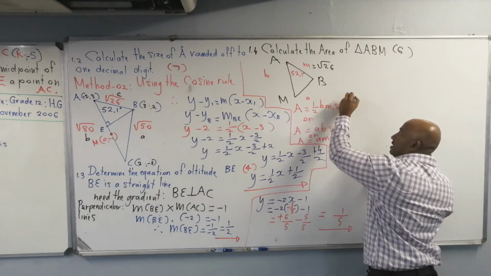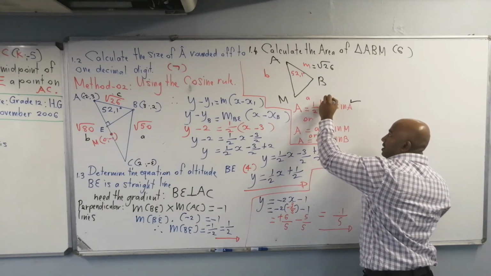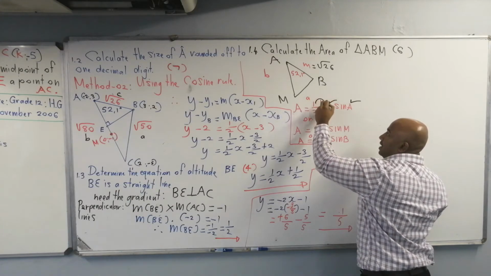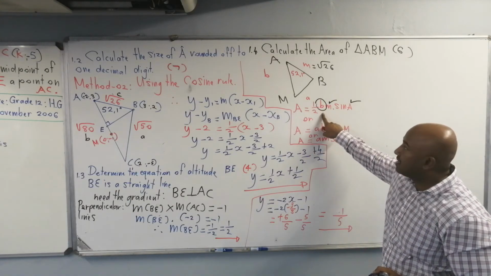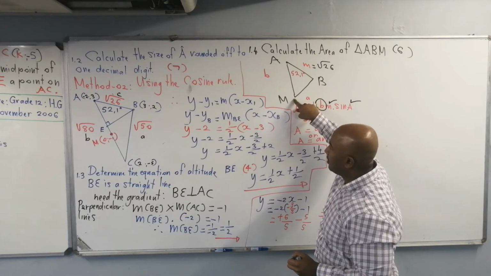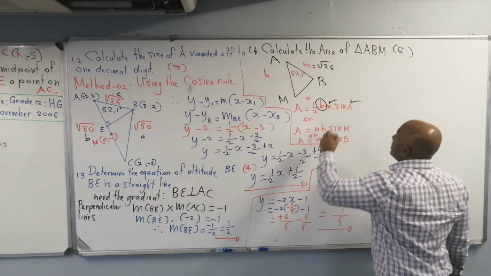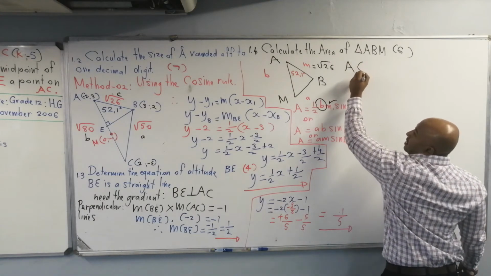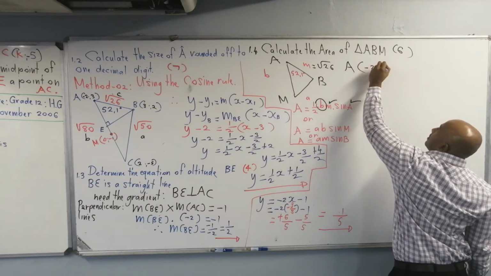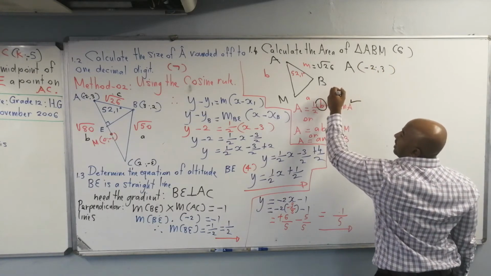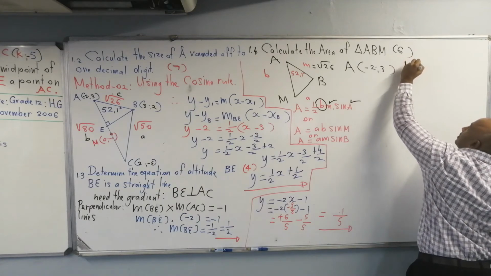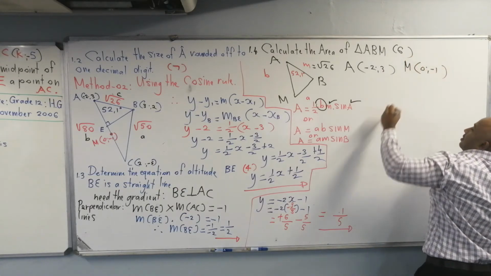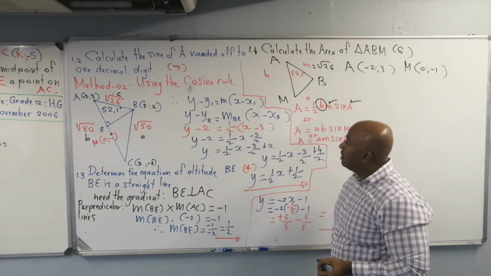So we got this, we got M, all we need is to find this side here, AM. Okay, so A is minus 2, 3, and M was 0, minus 1. Remember, M was the midpoint there.